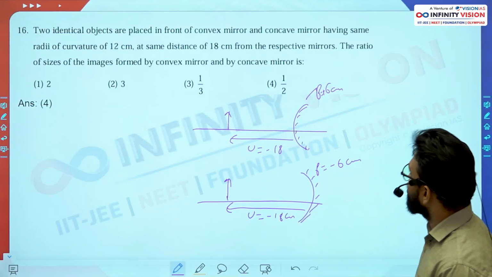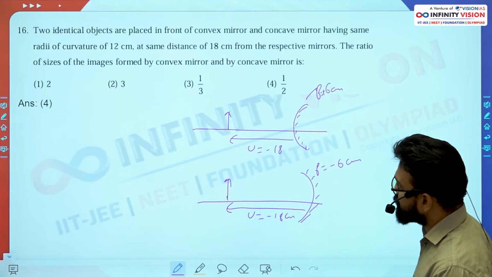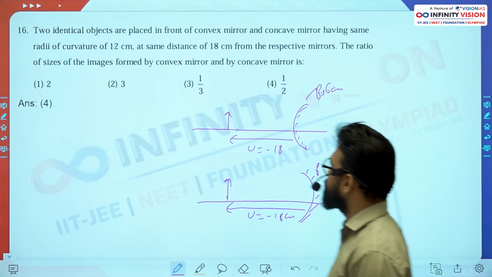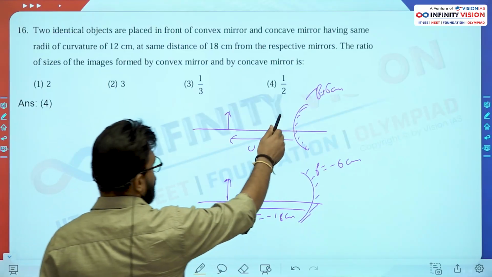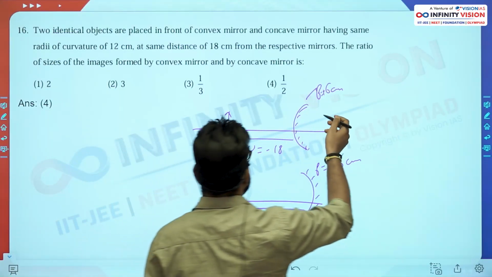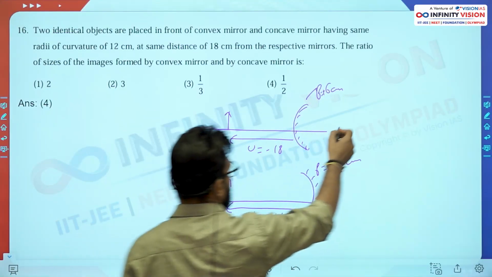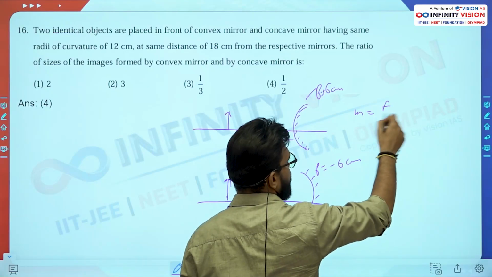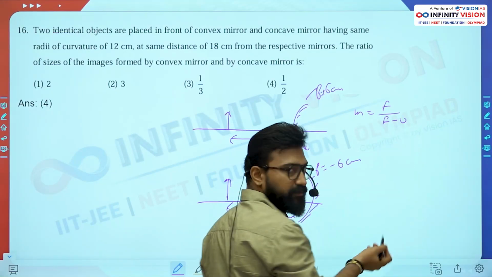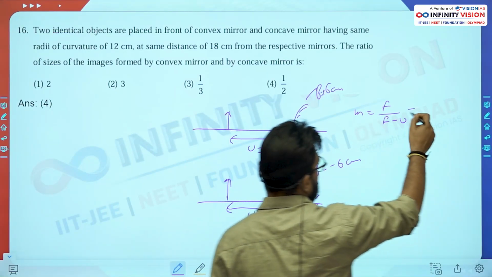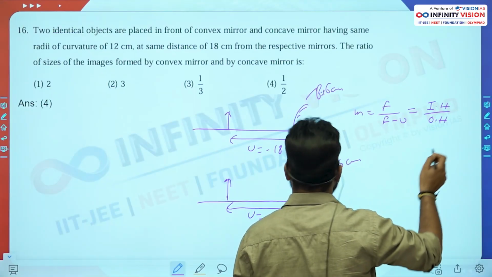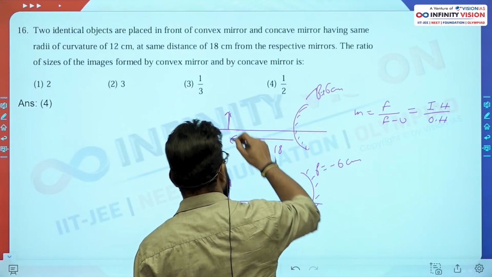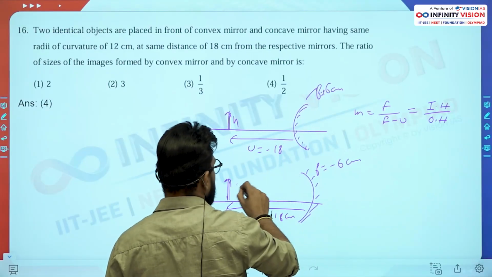The question asks for the ratio of the size of the image formed by the convex mirror to that of the concave mirror. First of all, the magnification, we already know, is equal to f by f minus u for mirrors, and this is nothing but image height by object height. Since these two are identical objects, let the object height be h.